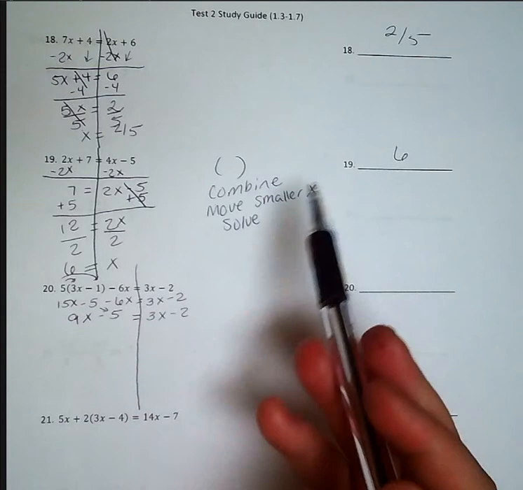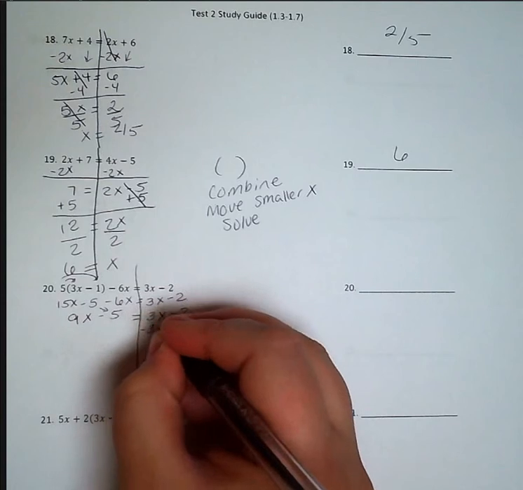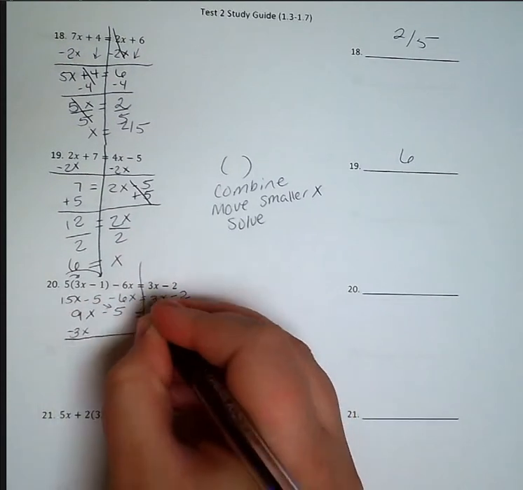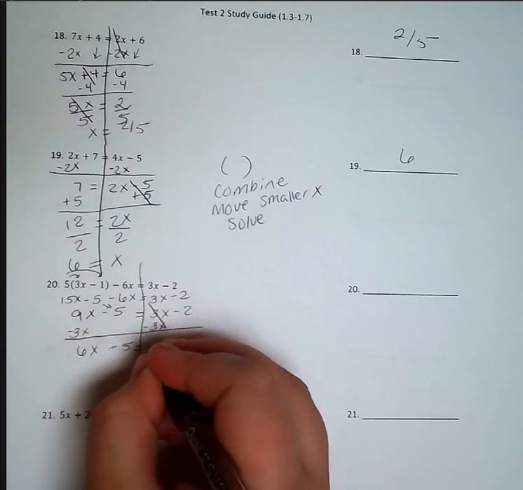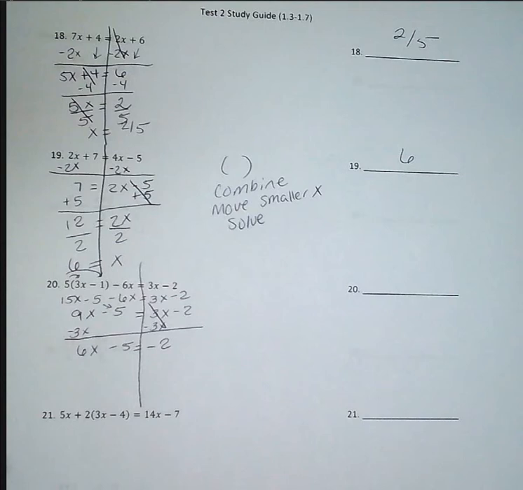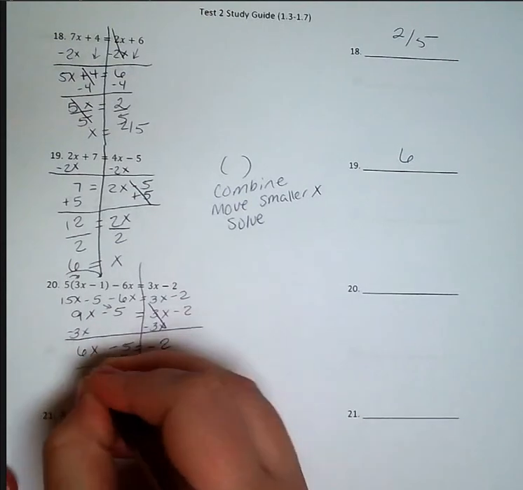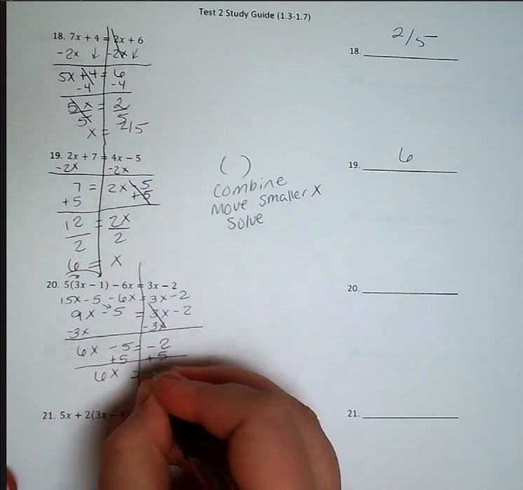Now I move the smaller of my x's, which would be the 3x. So I get 6x minus 5 equals negative 2. And now I solve. So I add my 5 to both sides to get 6x equals 3.